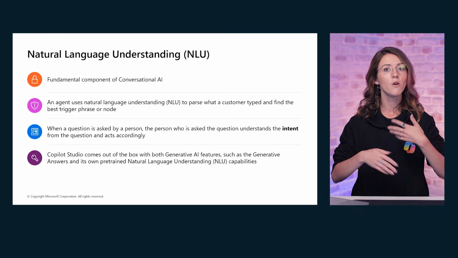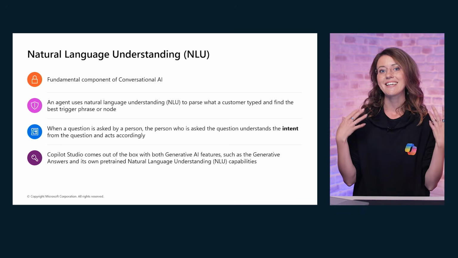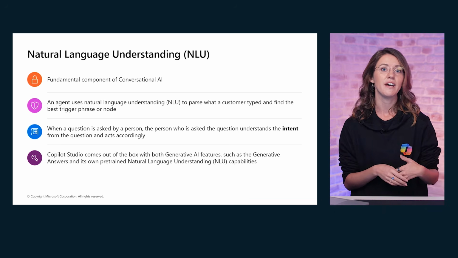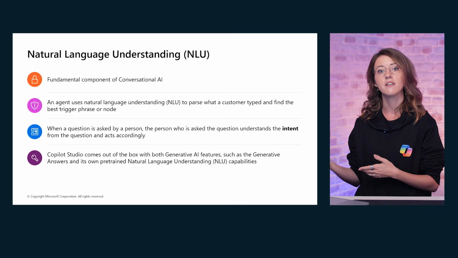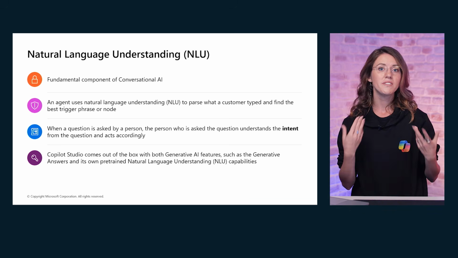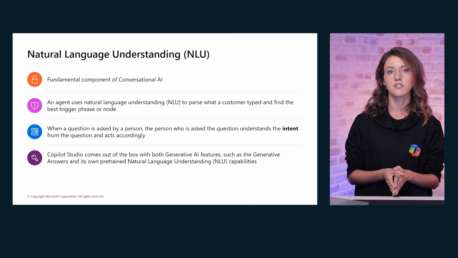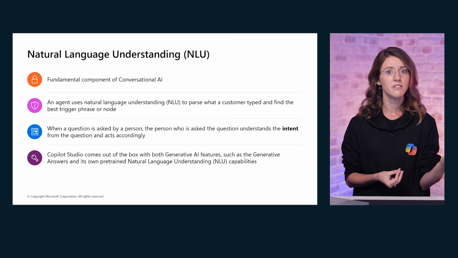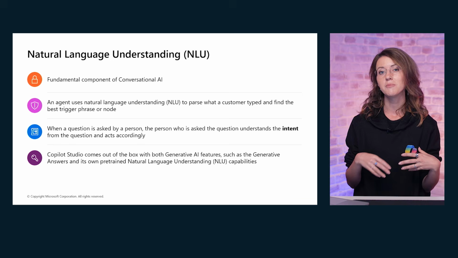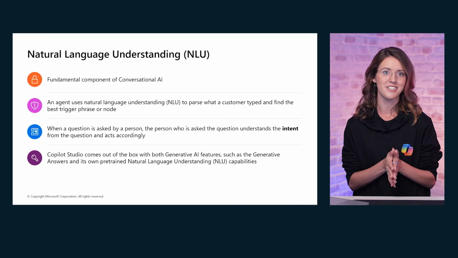These tools work together to make interactions more intuitive and efficient, whether you're crafting content or analyzing languages. With Copilot Studio's AI-driven technology, you get both precision and creativity, transforming how users engage with your agents.